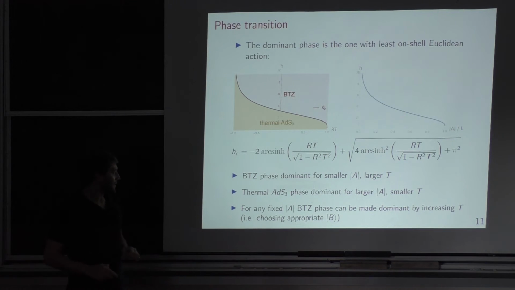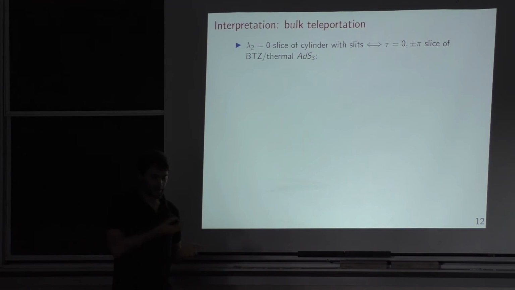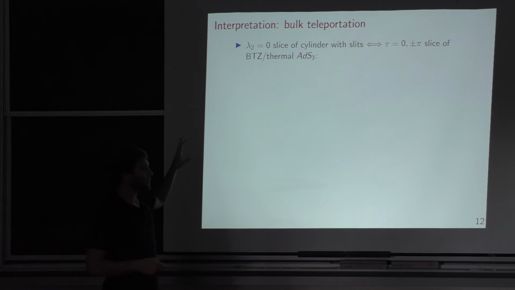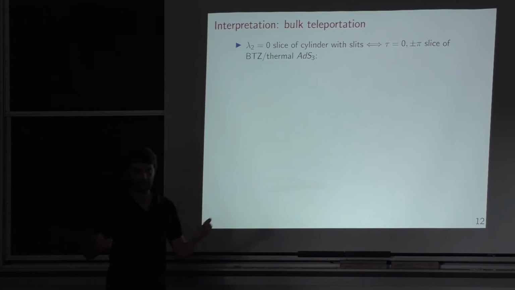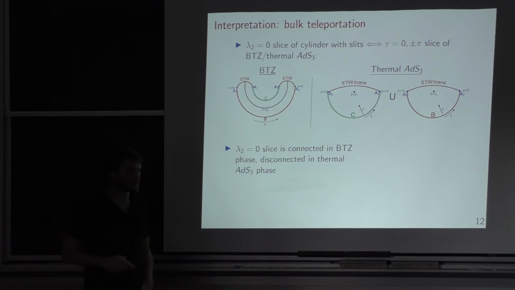Now, why is this important? Because we saw that we want to see the connectivity of this lambda 2 equals 0 slice, which is mapped in by our conformal map to the tau equals 0, plus or minus pi slice of these spacetimes. So you can ask the same question about the connectivity in these spacetimes that we built. And in particular, this is how the two slices look.